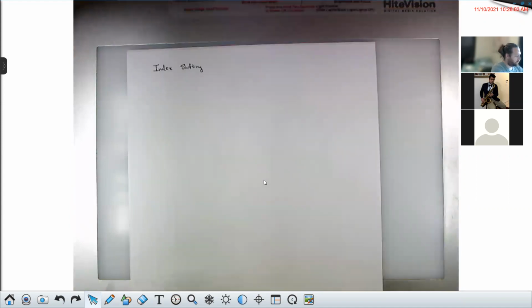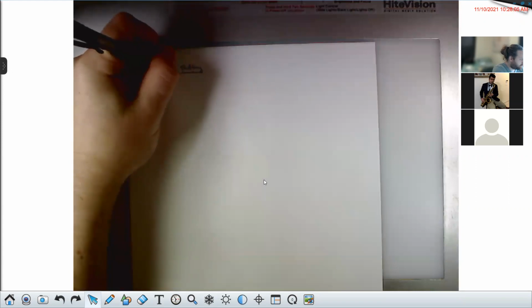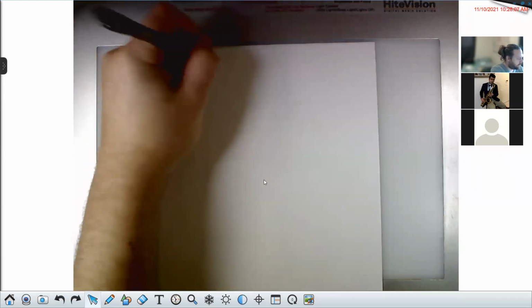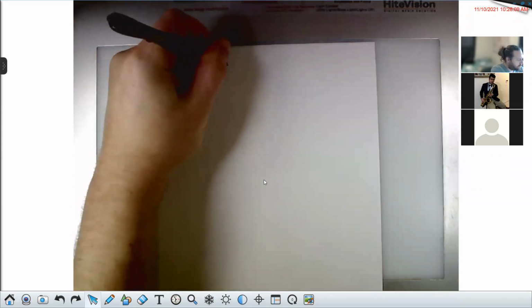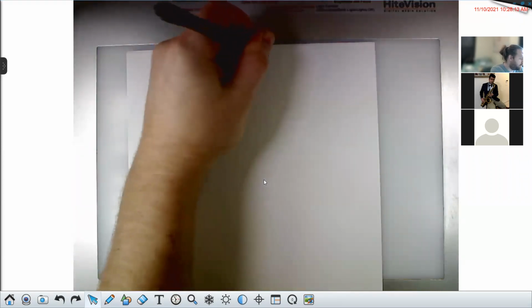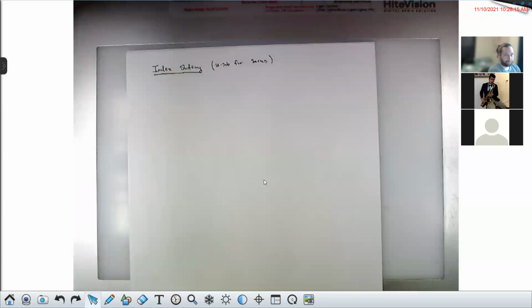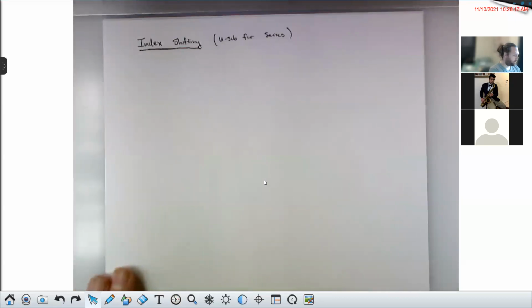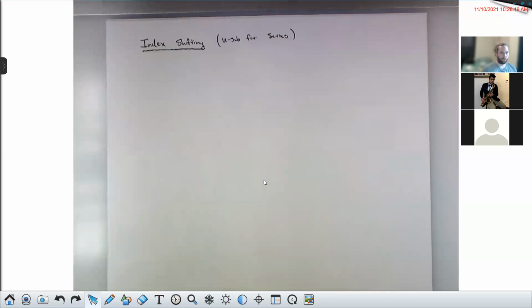So, index shifting. It's like U sub for series. There's a few ways to do this. One of them is to just take the series and write it out, and then ask yourself, can I think of a way to rewrite this starting at n equals 0?